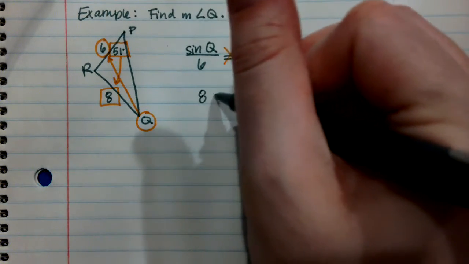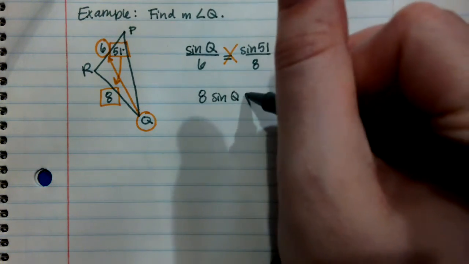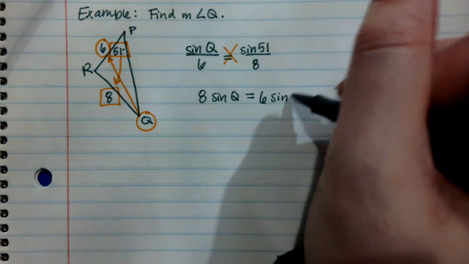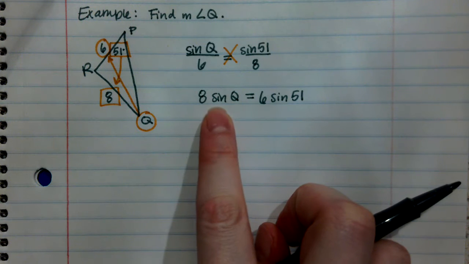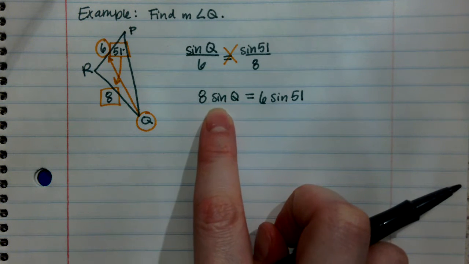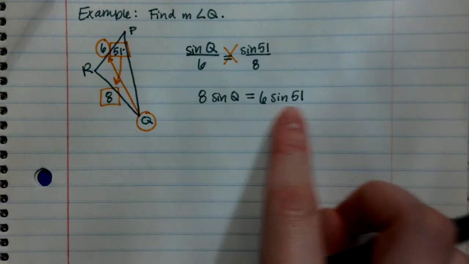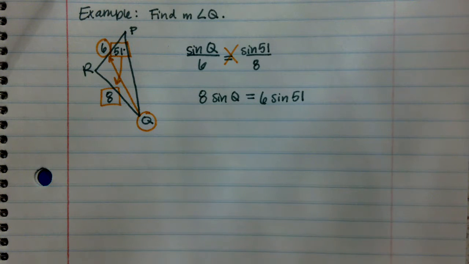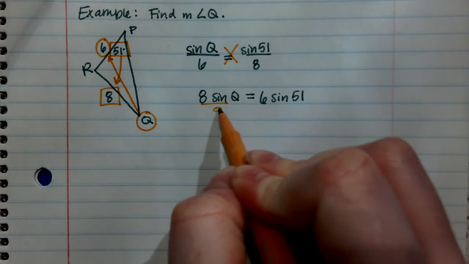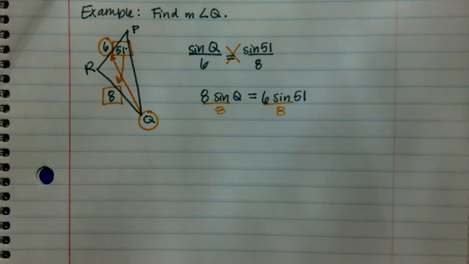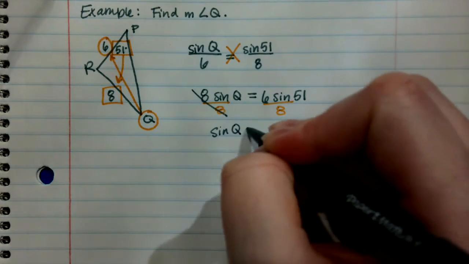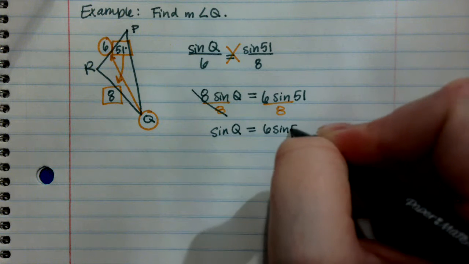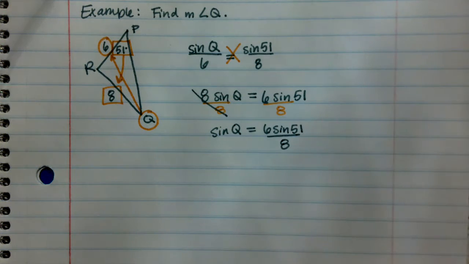And I get 8 sine of Q equals 6 sine of 51. Still really similar, we don't want to start simplifying until the very end. So I want to get rid of this 8 by dividing both sides. And I get the sine of Q equals 6 sine of 51 over 8.